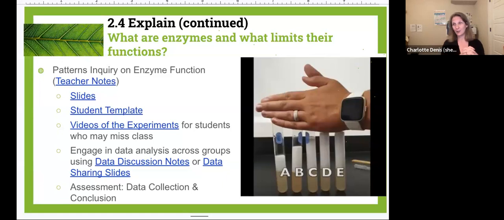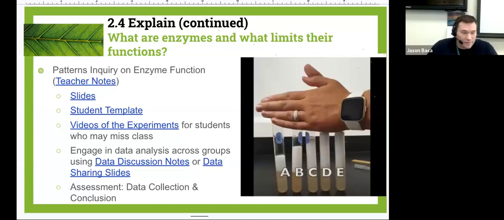We actually did these videos during CDL and edited them such that we held up a ruler right to the tube so that the student can pause the video and actually do the measuring themselves, rather than just being given the value of the height of the bubble column in the tube. So if you have students who miss, those resources are there.